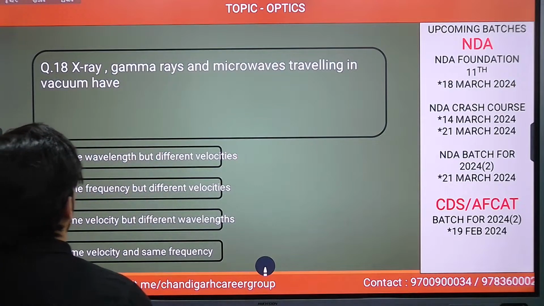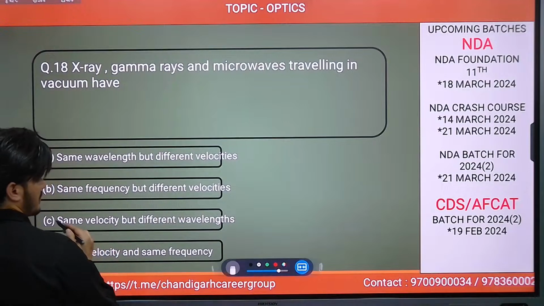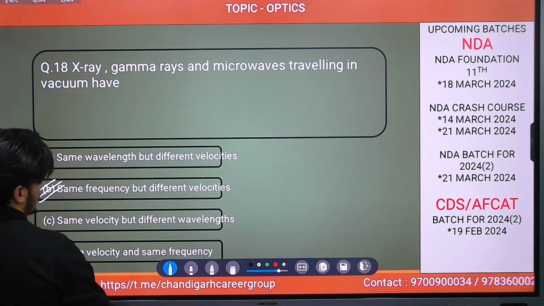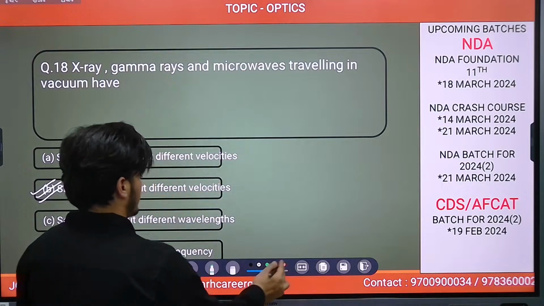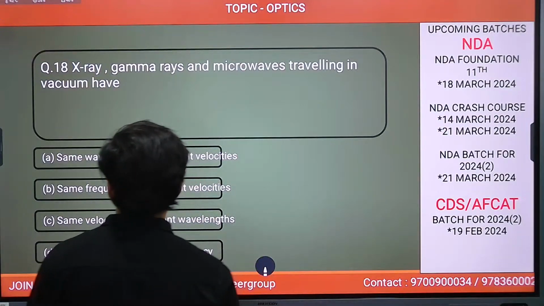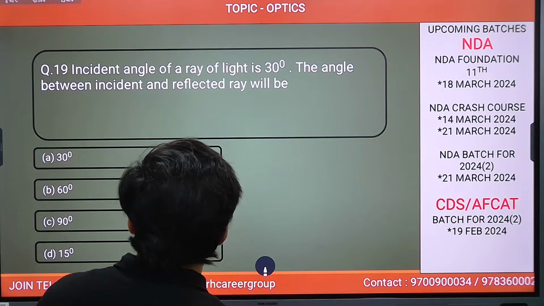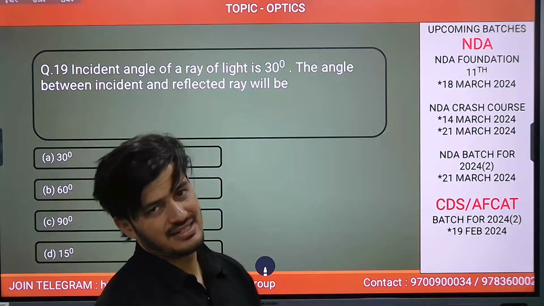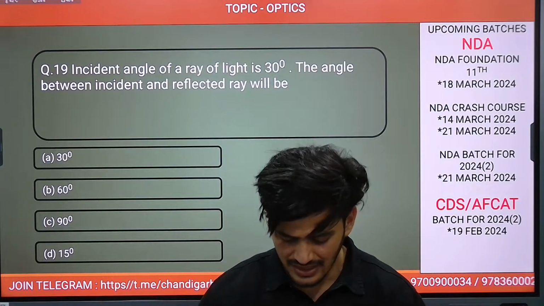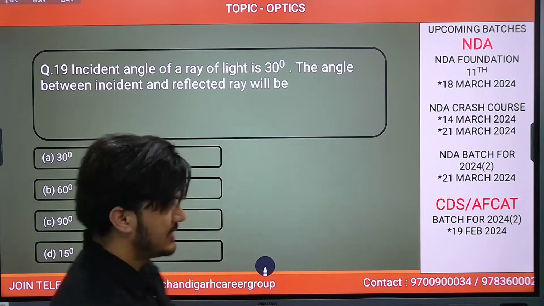X-ray, gamma ray and microwave travelling in vacuum have same frequency, लेकिन velocity different हो सकती है. फ्रीक्वेंसी जो है that depends on the source. फ्रीक्वेंसी सोर्स के ऊपर डिपेंड करती है. Next, incident angle of a ray of light is 30 degree. The angle between the incident ray and reflected ray. इंसिडेंट और रिफ्लेक्टेड रे के बीच में हमेशा जो एंगल है वो कितना होता है. ठीक है जी.